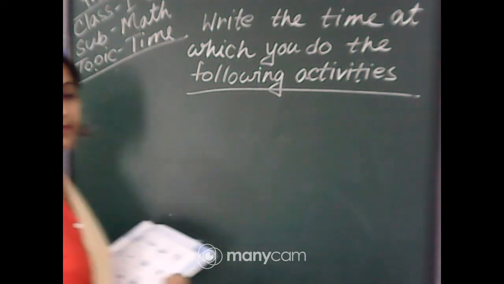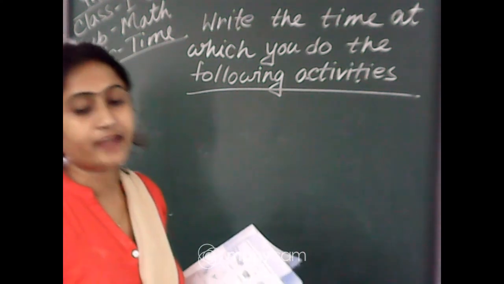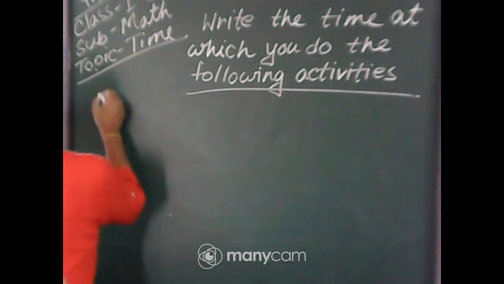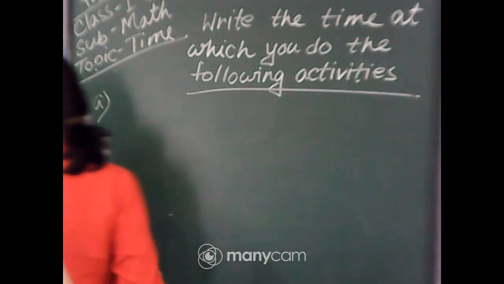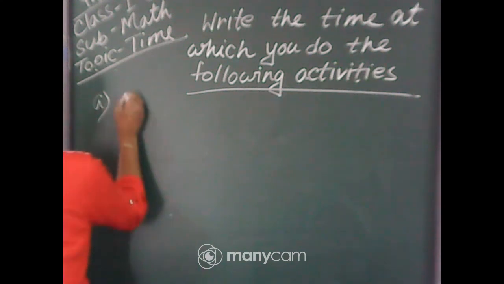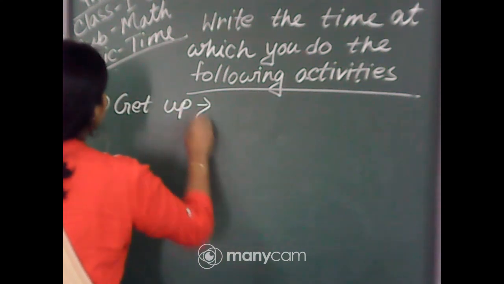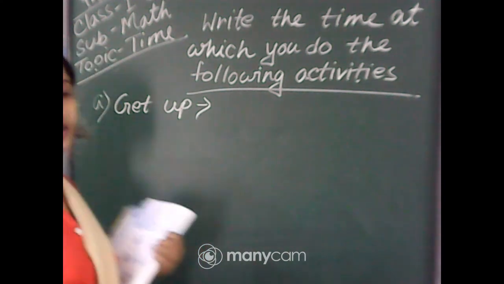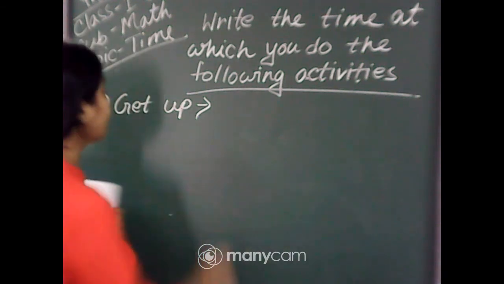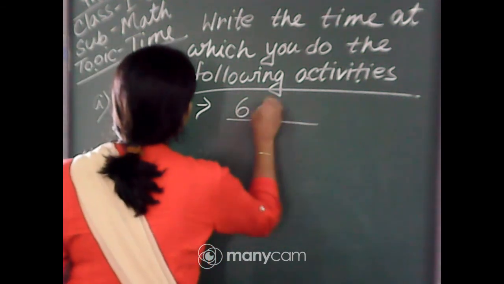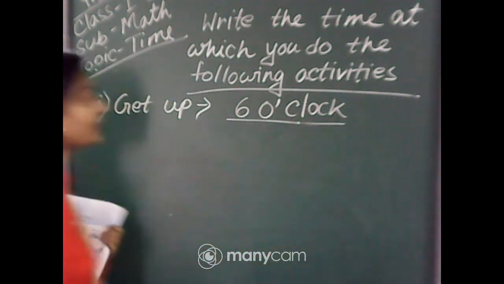I will give some activities and you have to write the time when you do that activity. Okay? Number A, get up. If you get up at 7 o'clock, you can write 7 o'clock. If you get up at 6 o'clock, write 6 o'clock. I have written 6 o'clock here.